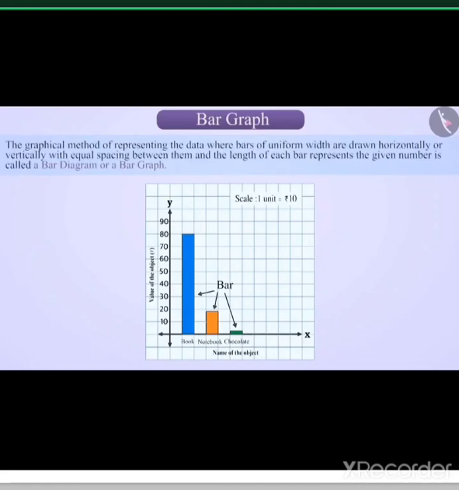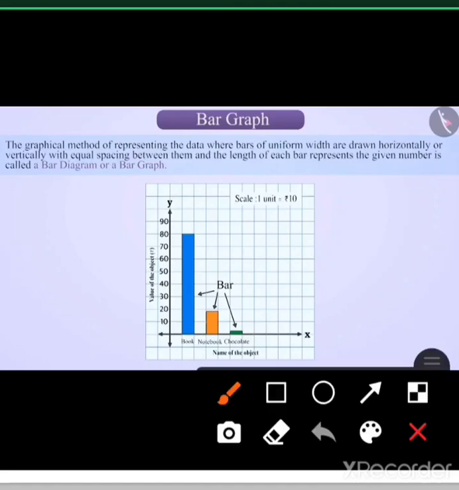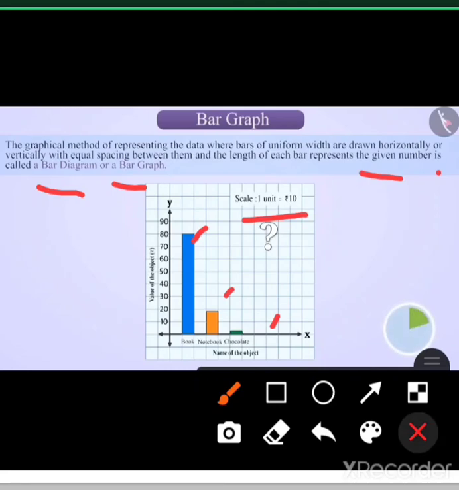The graphical method of representing data where bars of uniform width are drawn horizontally or vertically with equal spacing between them, and the length of each bar represents the given number, is called a bar diagram or bar graph. All the bars have uniform width and the scale we are using should be equal.